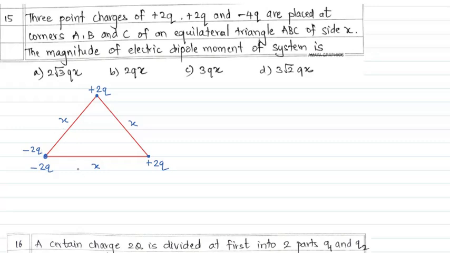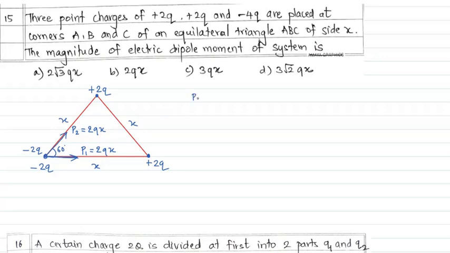Now here along the base you will have one dipole that is directed from negative to positive. So if I take a dipole moment of this, that is P1, charge into distance, you will have 2q into x. Similarly, one will be along this. So again charge into distance, I will take this as P2, 2q into x. As it is equilateral triangle, angle is 60.